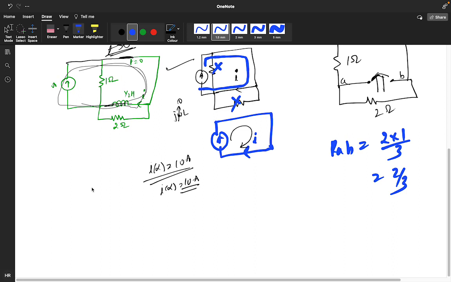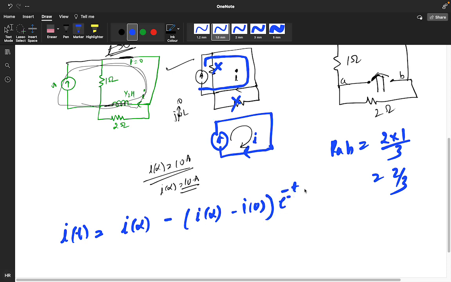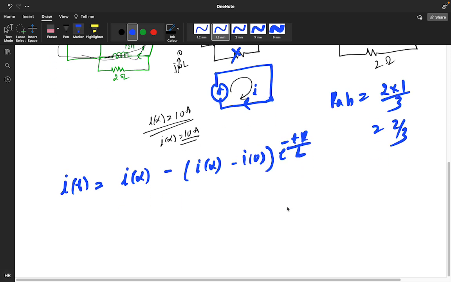Now substitute every value in these equations. I of t is equal to I of infinite minus (I of infinite minus I of 0) e power minus Rt by L, because we are doing it for a current source.